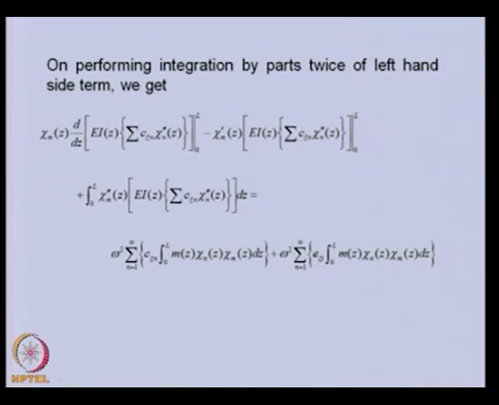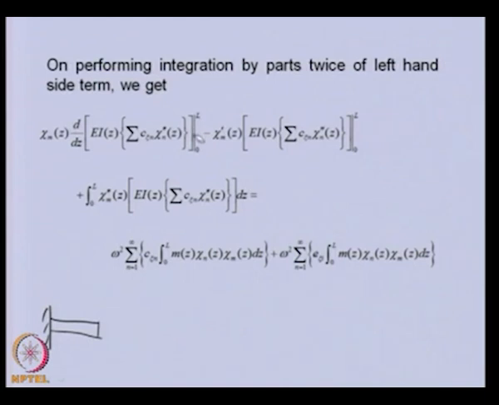In this we will see that the first two terms will be 0 for all possible boundary conditions in a rotor system. For a simple boundary condition like the cantilever case, the displacement is 0.